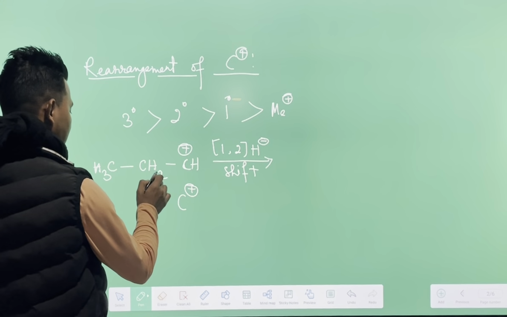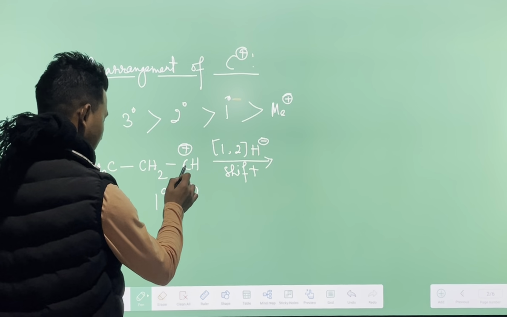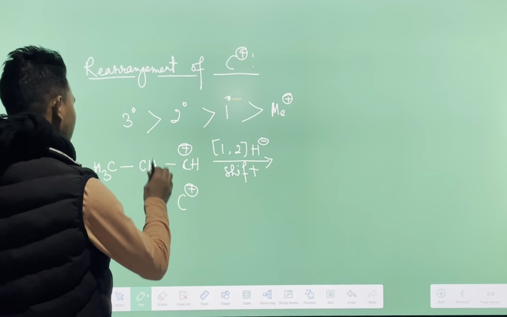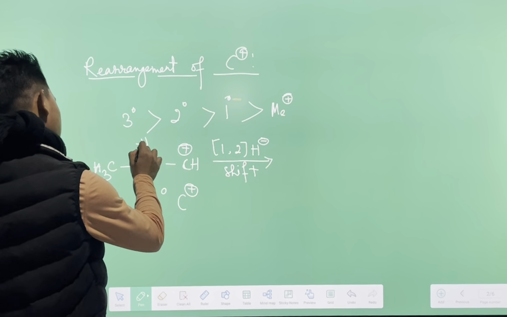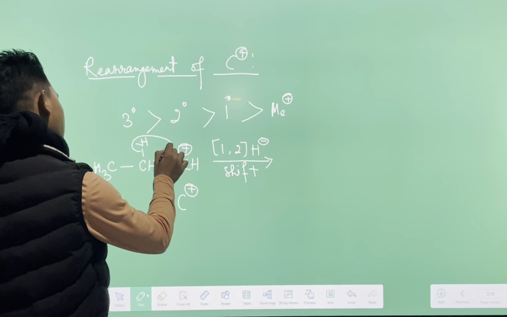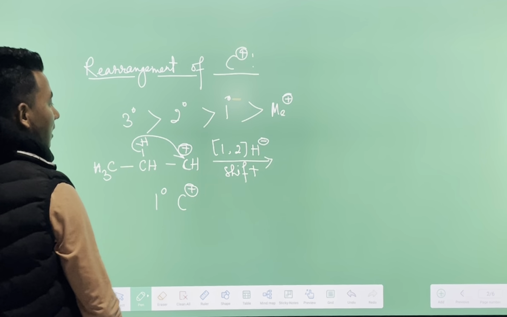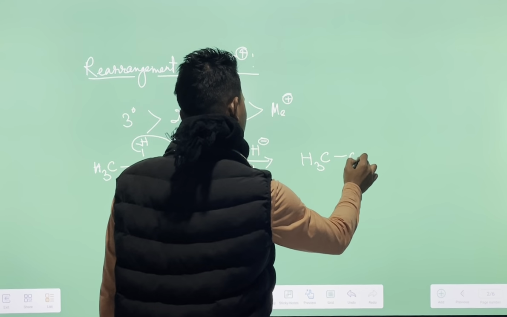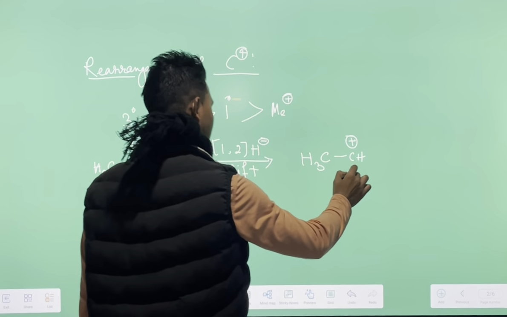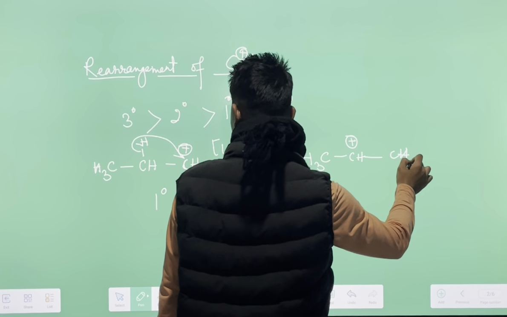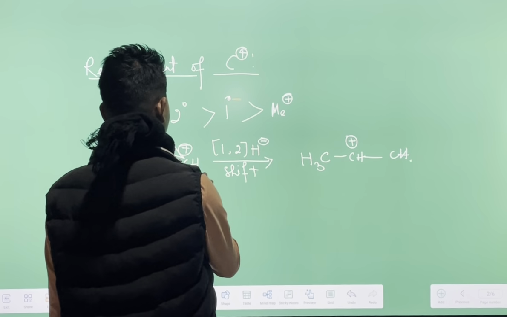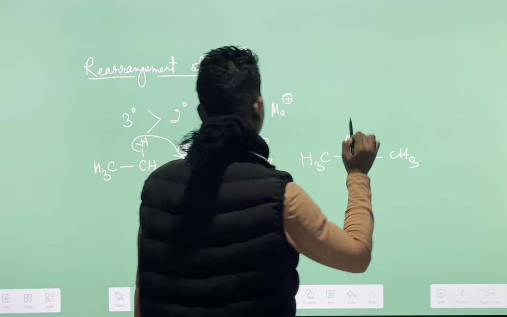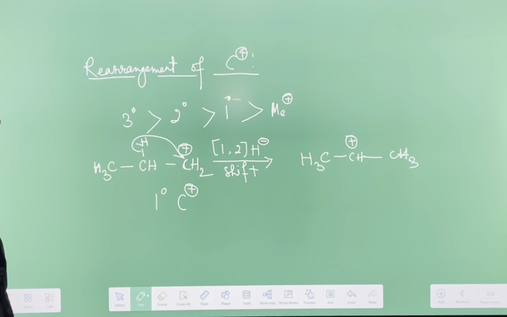So this is the carbocation, and this hydride can shift to this electron deficient carbon atom. So we get CH3, CH carbocation, CH2, CH3.